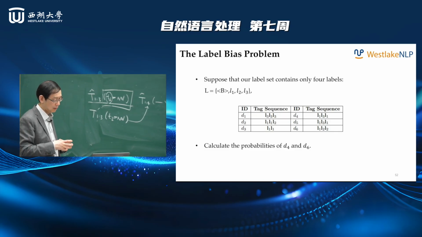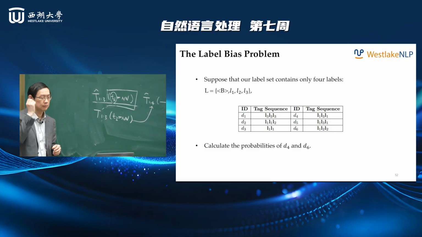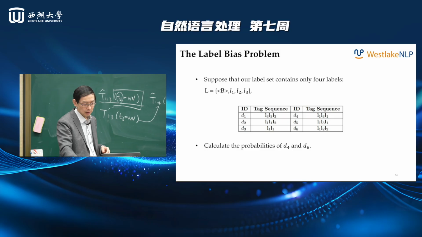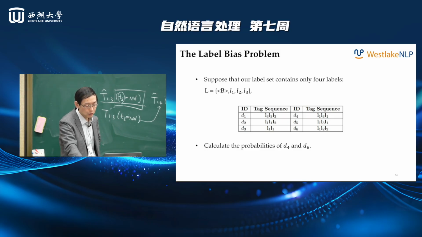And now I coined a set of training data, 6 documents, D1 to D6. D1 is L3, L3, L3. D2 is L1, L1, L2.